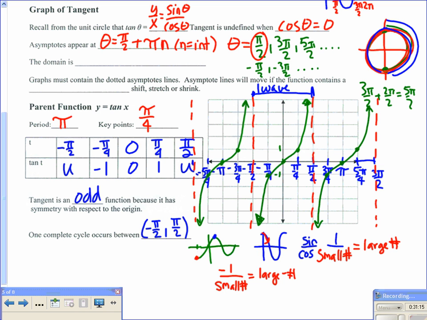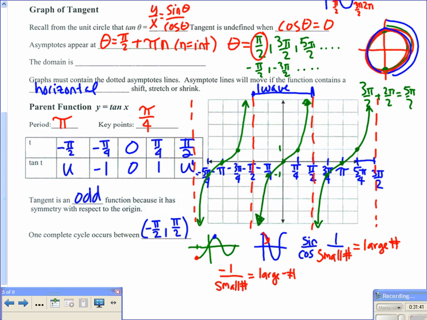And the last thing it says is that the graphs must contain dotted asymptote lines. These lines will move if the function contains a horizontal shift, stretch, or shrink. And the last thing we need to talk about is the domain. The domain is going to be all real numbers except for these places where you have your asymptotes.